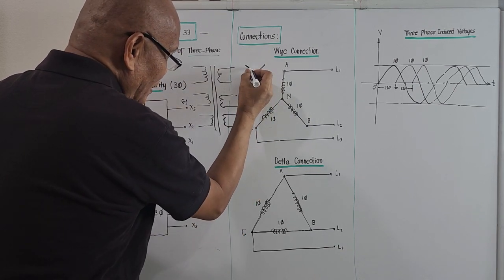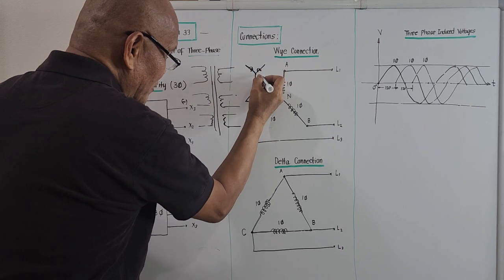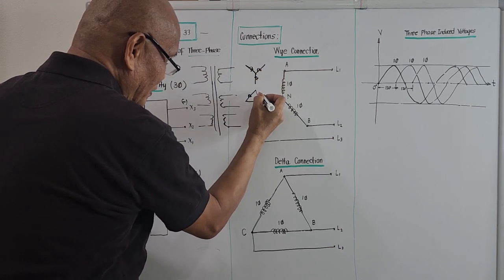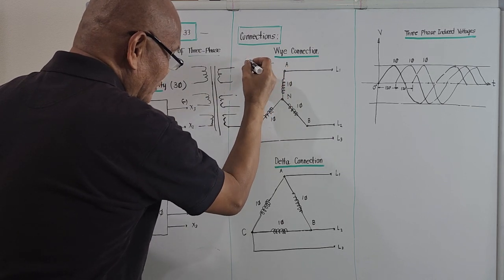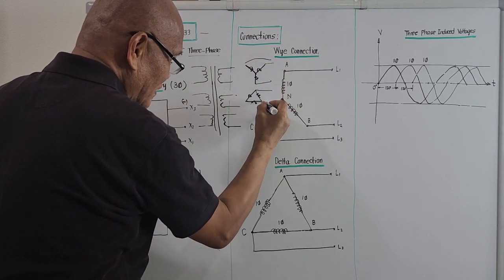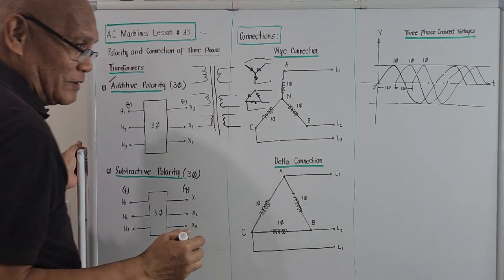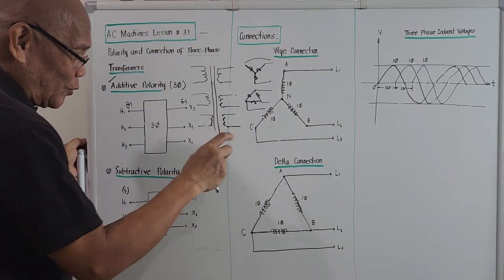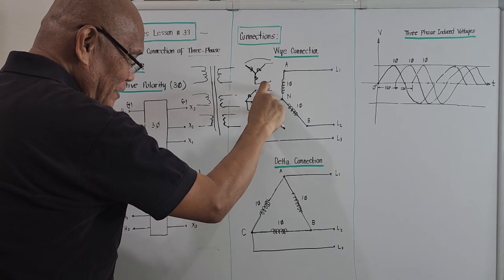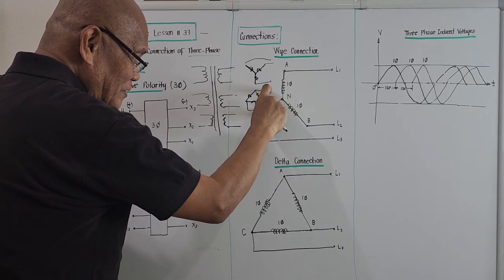For a Y, there are three windings like this. For a delta, there are also three windings. Then you bring out the three lines. That's why for a three-phase, there are always three lines on the output terminals.